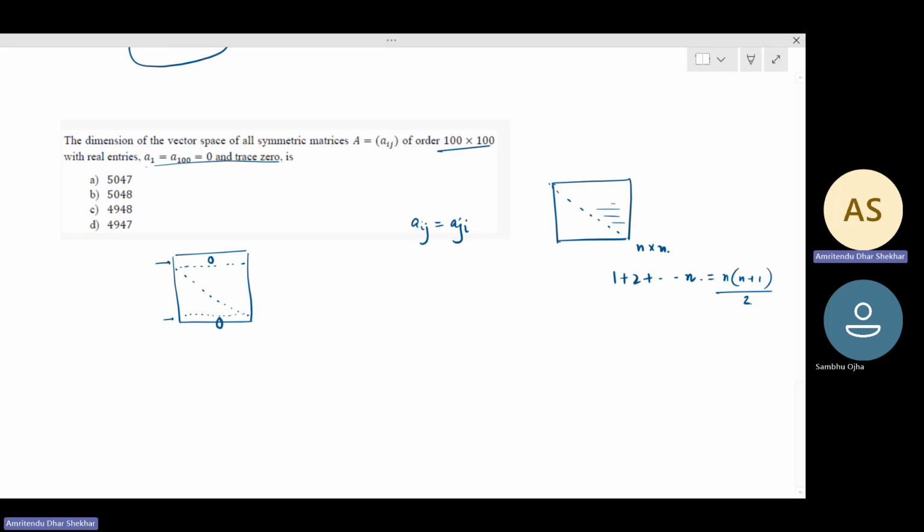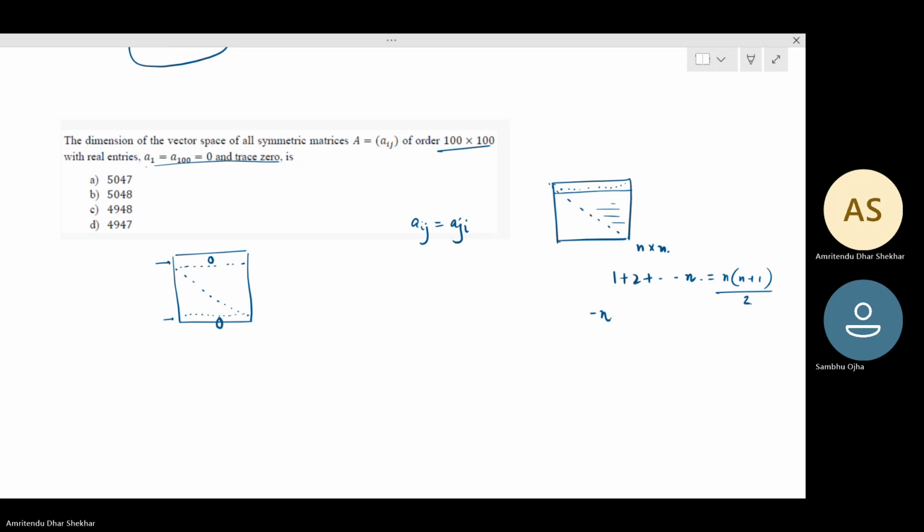Now they have given you three additional conditions. The first condition is that the first row is equal to 0. If the first row is equal to 0, then you no longer have a choice of what elements you can fill in the first row. So from this number, you have to subtract n, because n elements over here are already determined.